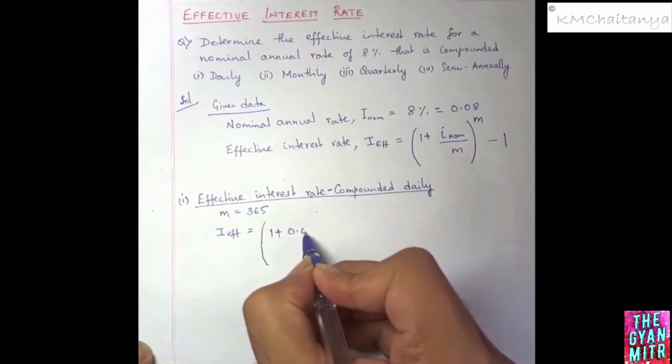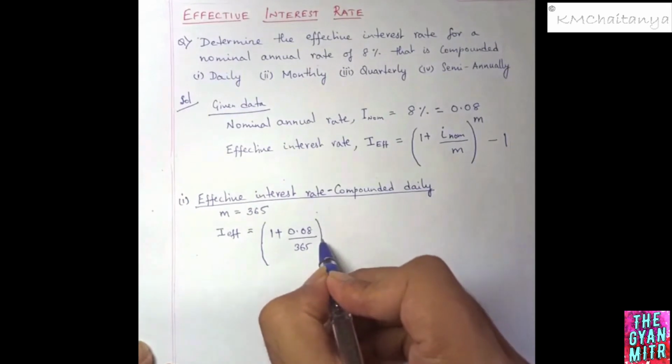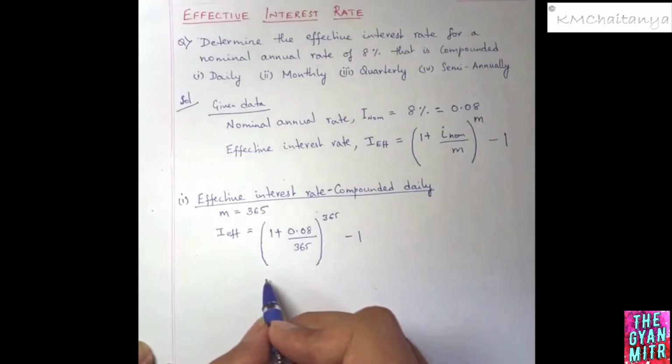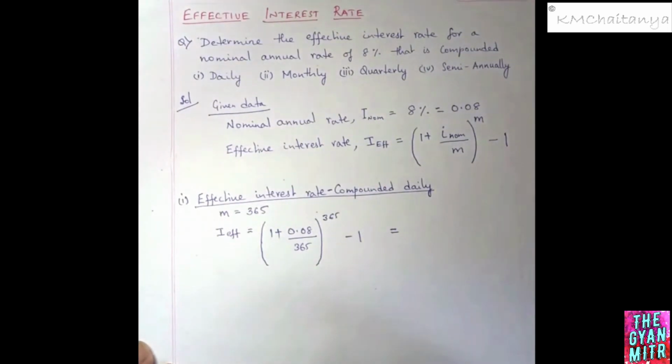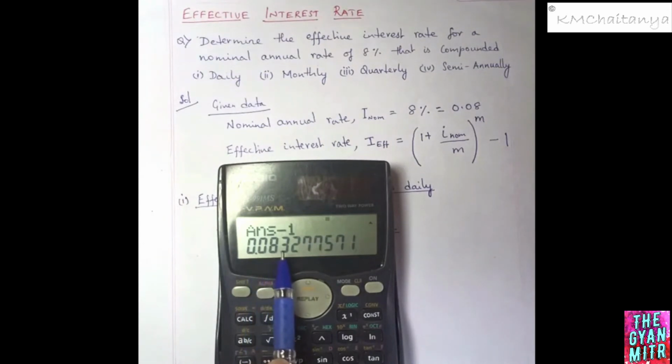So 1 plus 0.08 divided by 365, whole to the power of 365, minus 1, which gives us an effective interest rate of 0.0833.